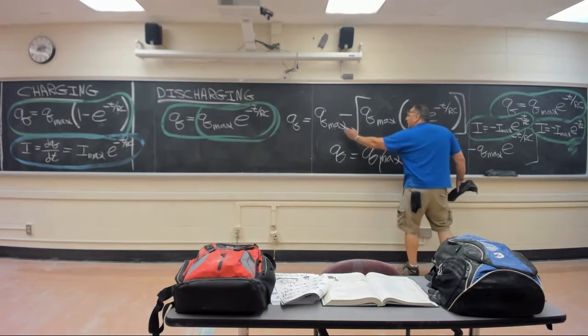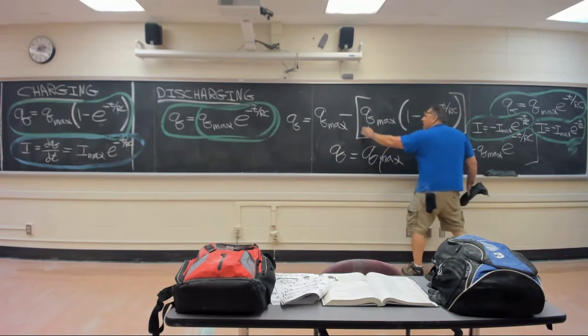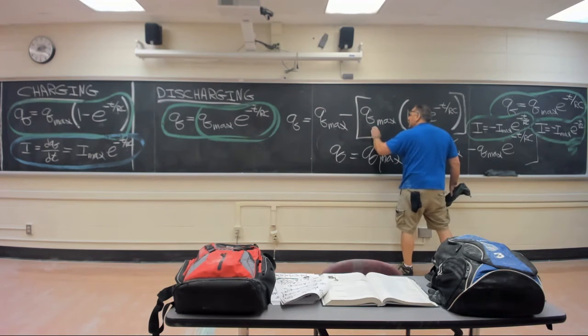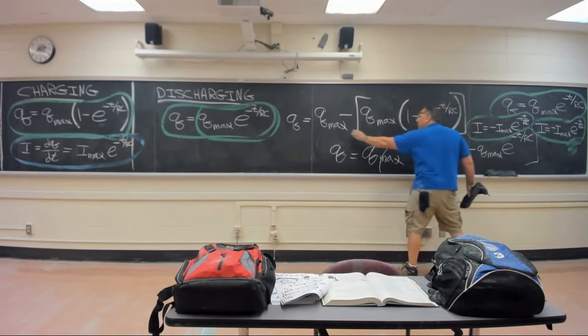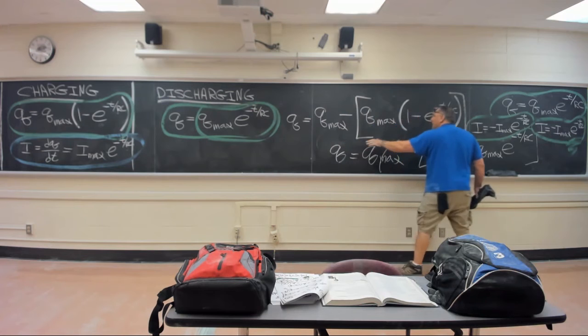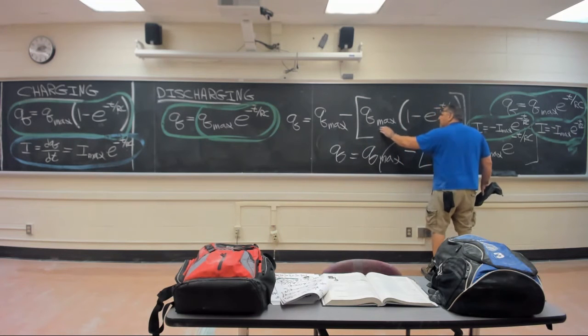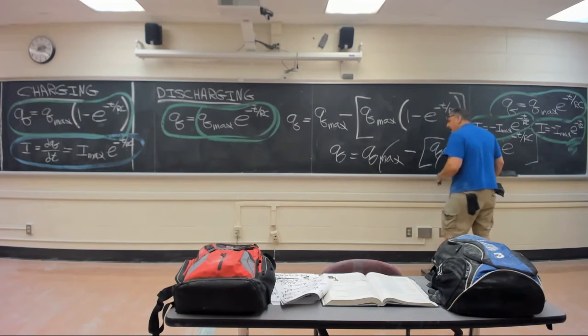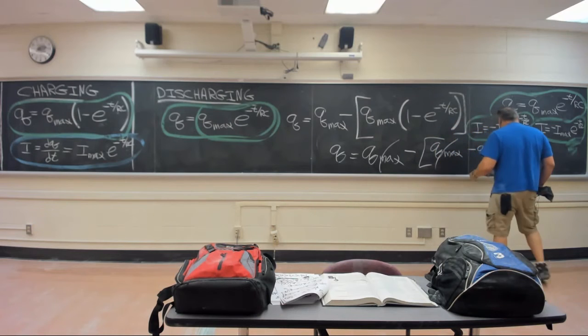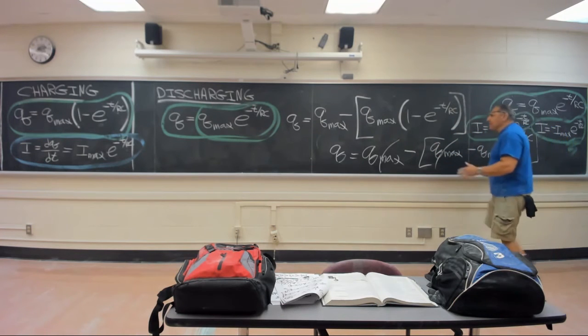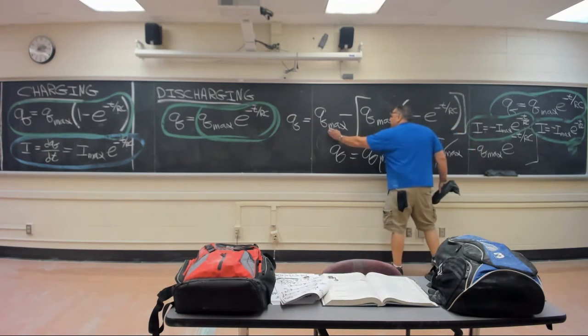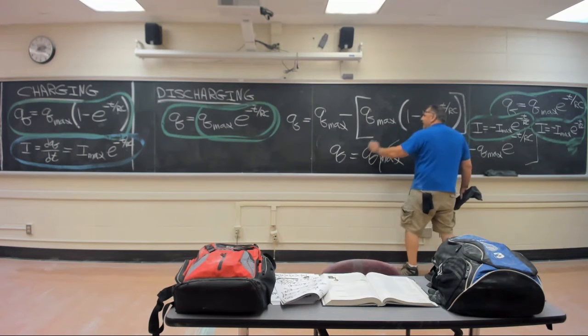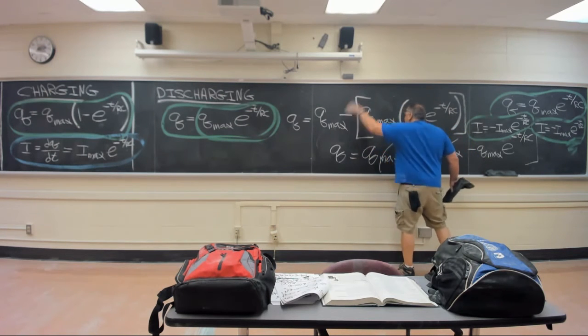Well, wait a minute. These guys cancel out. This minus this out of there, because that's the times the 1 right there, guys. It should be pretty obvious. What happens is, this times this is Q max. Q max minus Q max is 0.